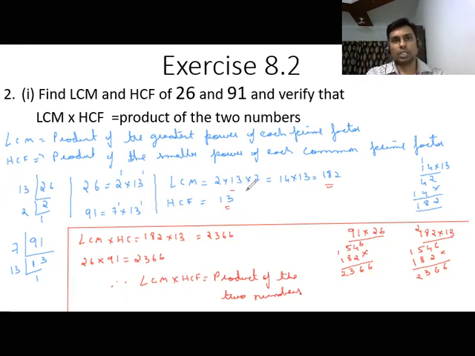So 2 into 13 into 7, which is 182. For HCF, product of the smallest power. So the common term is 13, both the same power. So HCF is 13. Now multiply. 182 into 13 is 2366. 26 into 91 is also 2366, which means LCM into HCF is equal to the product of the two numbers.